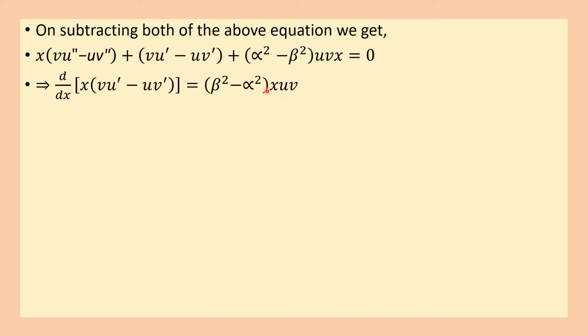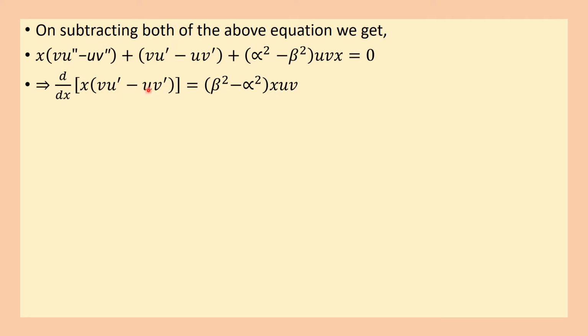Here alpha square minus beta square is shifted to the right side, so this becomes beta square minus alpha square. Now, how did we relate this x into v u double dash minus u v double dash plus v u dash minus u v dash with d by dx of x into v u dash minus u v dash?